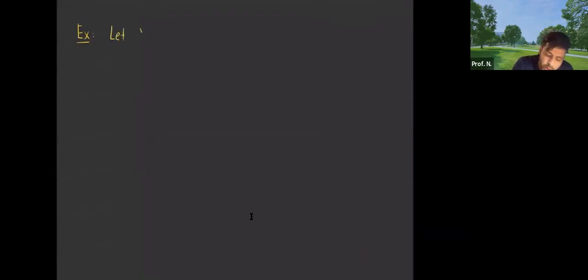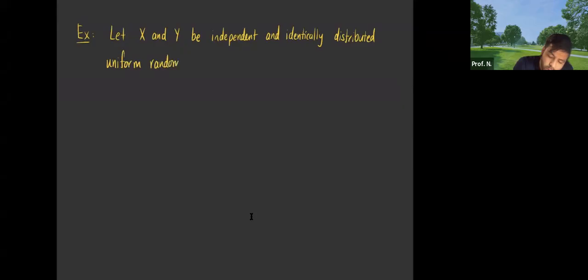So let x and y be independent and identically distributed uniform random variables on 0 to 1.